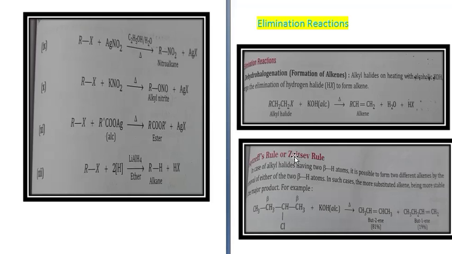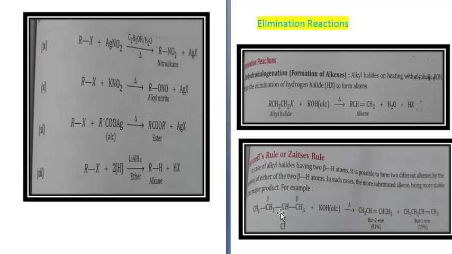Because such reactions involve removal of hydrogen and halogen from the haloalkane, they are called dehydrohalogenation reactions. Next is Saytzeff rule, or Zaitsev rule.